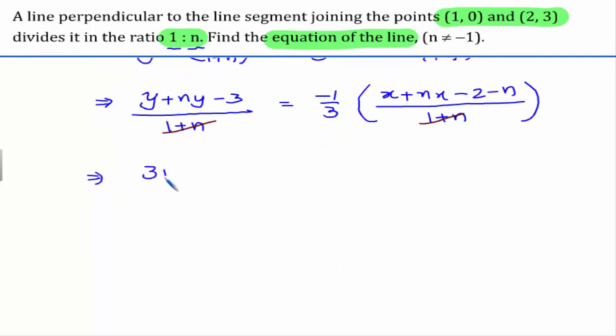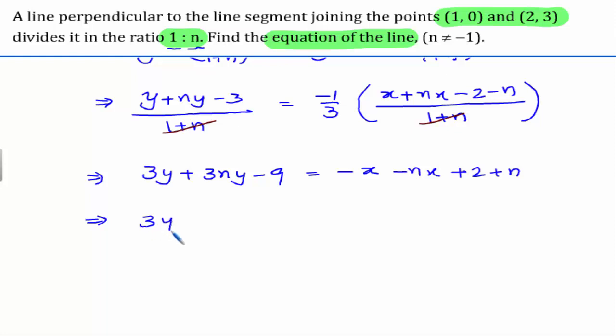This is 3y plus 3ny minus 9 is equal to minus x minus nx plus 2 plus n. Now let us simplify further: 3y plus 3ny minus 9 plus x plus nx minus 2 minus n is equal to 0.